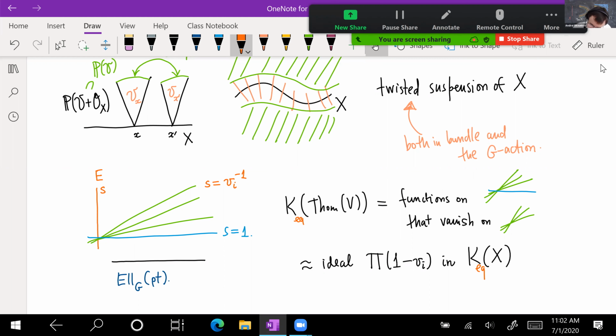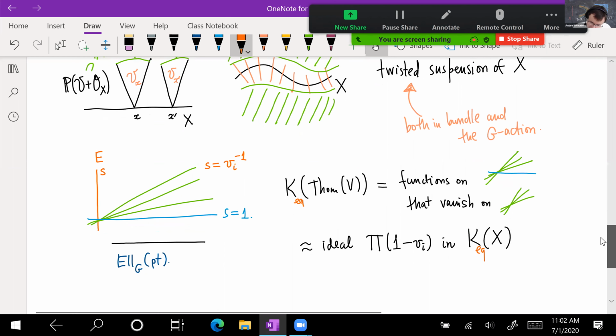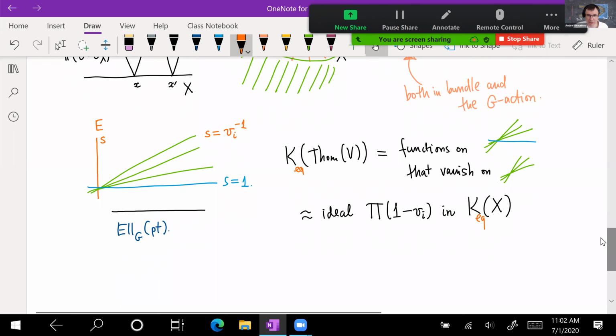The correct statement is that you have, where do all these Chern classes live? Where do they live? We talked about this last time.